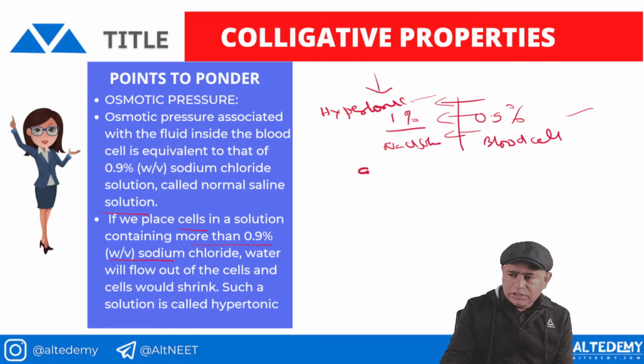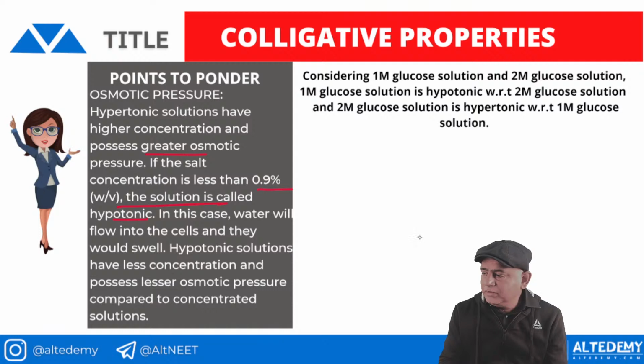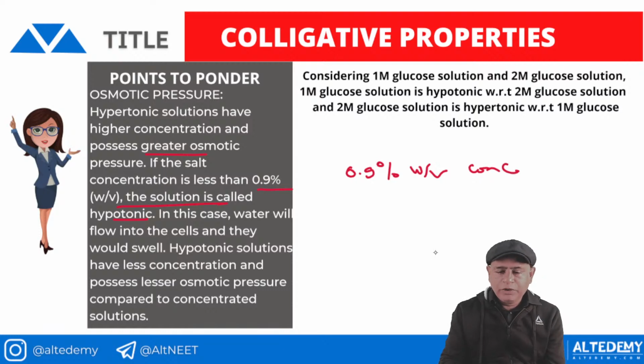Hypertonic solutions have higher concentration and possess greater osmotic pressure. If the salt concentration is less than 0.9%, the solution is called hypotonic. So this is being made keeping in view the blood cells, which have 0.9% W by V concentration.